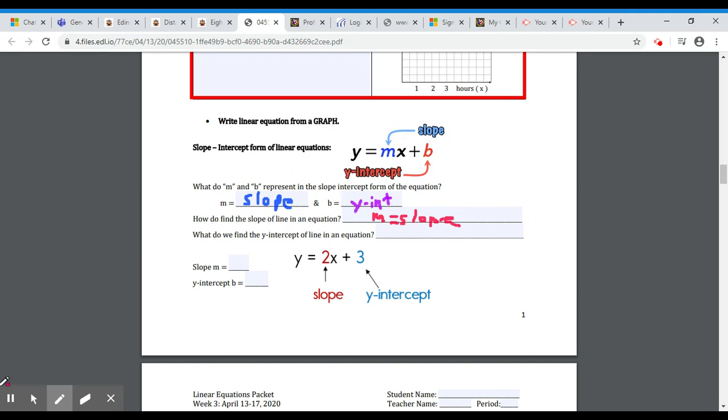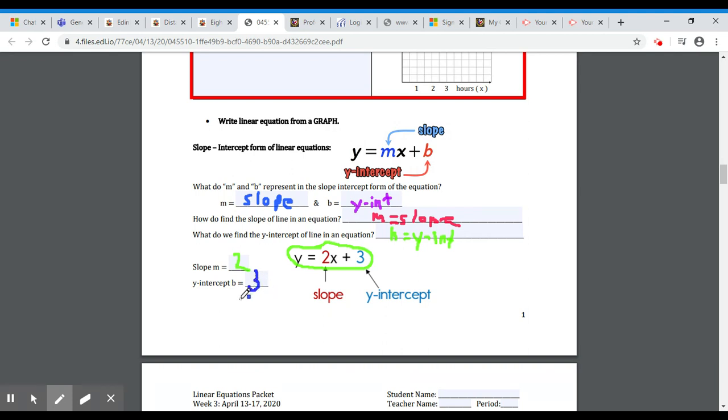And then how do we find the y-intercept? Well, like I said, you have to identify your b. So again, your b is your y-intercept. Now remember that this is from an equation. We already have it in this format here. So in this case, our slope is 2, and our y-intercept is 3.